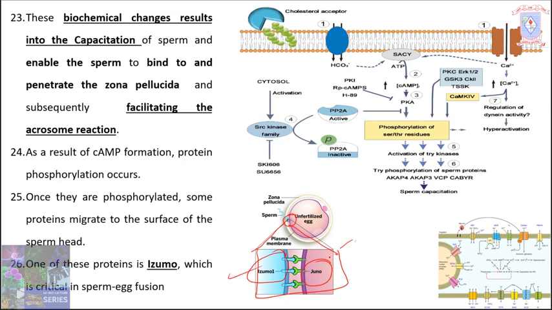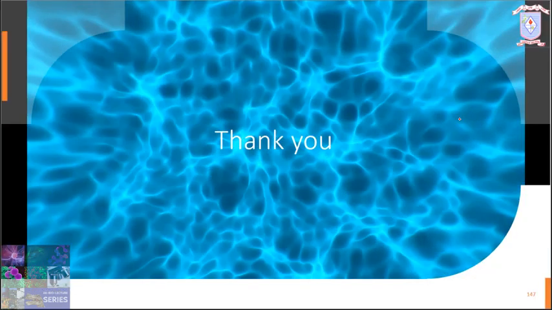So Izumo is present on the head region, look at this area. This is the head region of the sperm, isn't it? So Izumo1 is the protein that is present on the head region of the sperm, but the migration of this Izumo protein towards the head region of the sperm is facilitated by this mechanism inside the cytoplasm of the sperm.